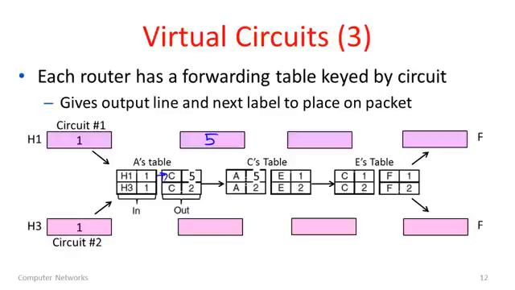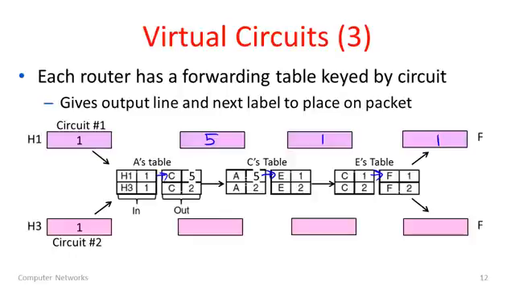When it arrives at C, it comes from A with 5, and what happens? We look it up in the table. We're meant to send it on to E with the circuit identifier of 1. So we're going to change that 5 to a 1, send the packet out the link to E. When it gets to E, what happens? It's coming from C with a 1, it goes out to F with a 1, and so on.